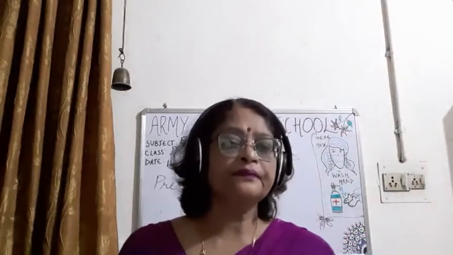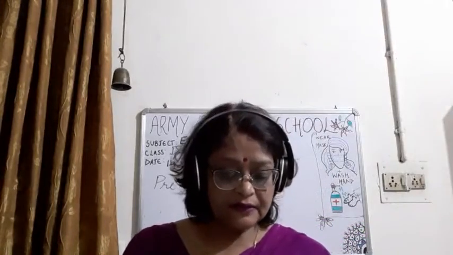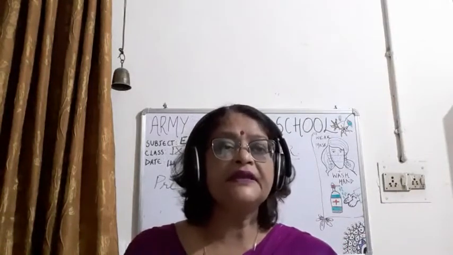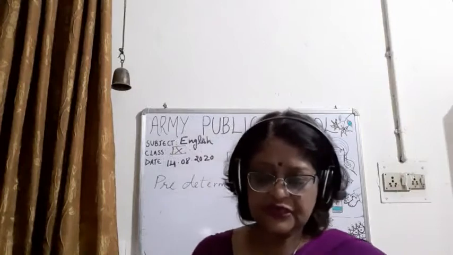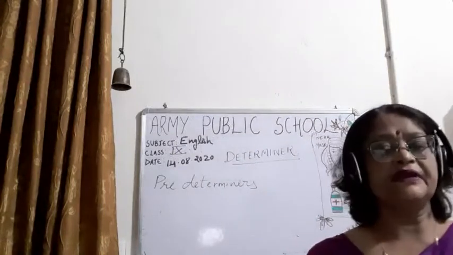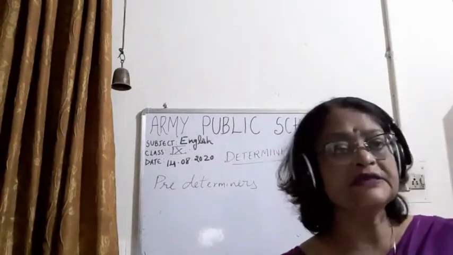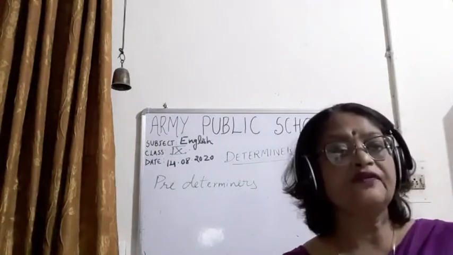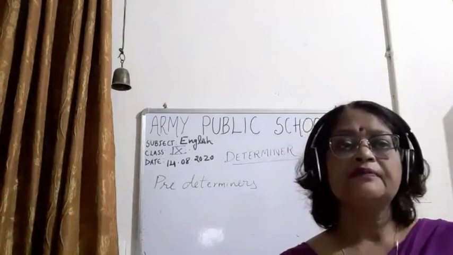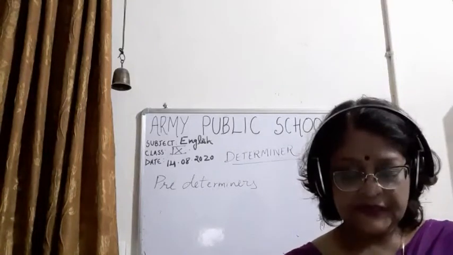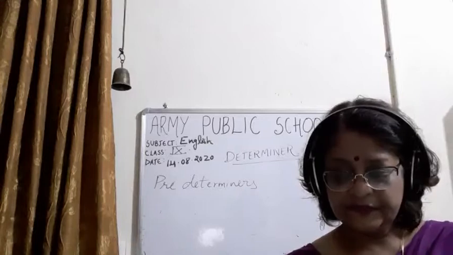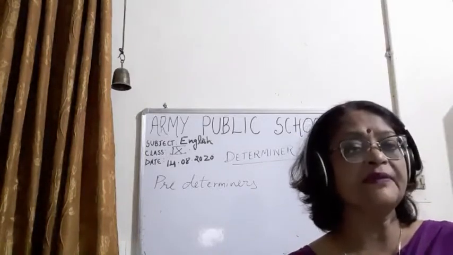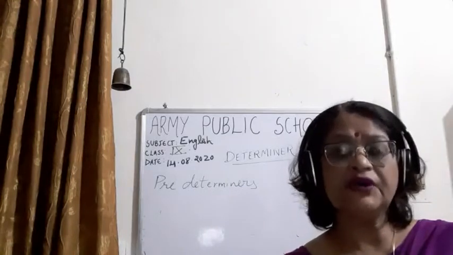So children, what is a predeterminer? Predeterminers are the words which occur before a determiner to limit the meaning of a noun. Like, the is a determiner and all is coming before the.